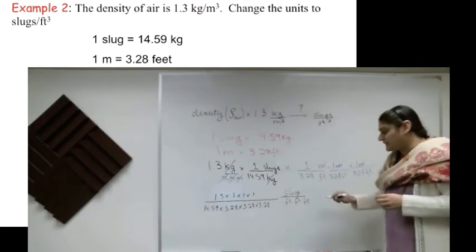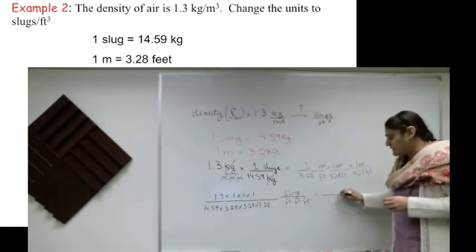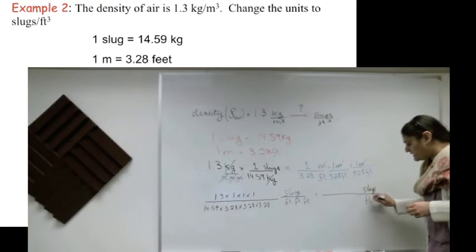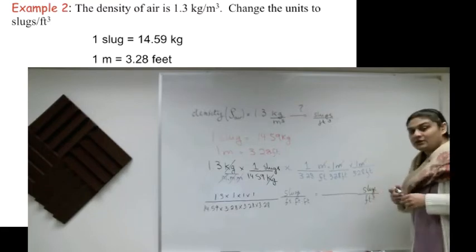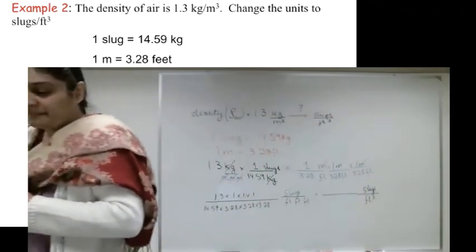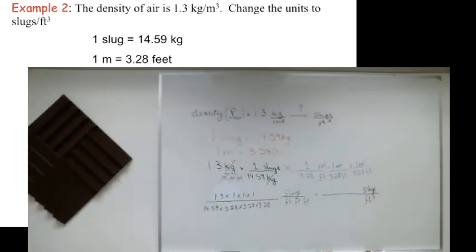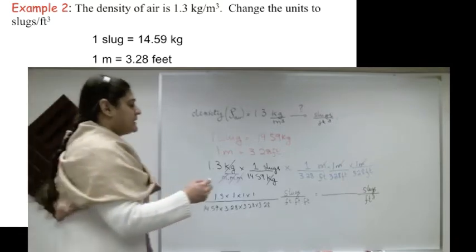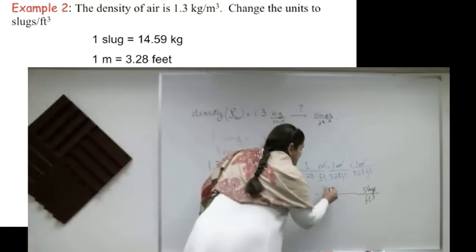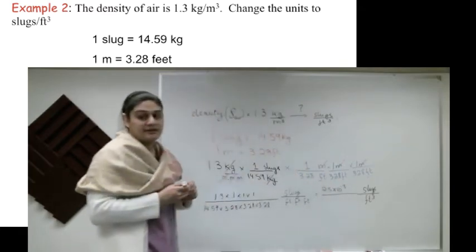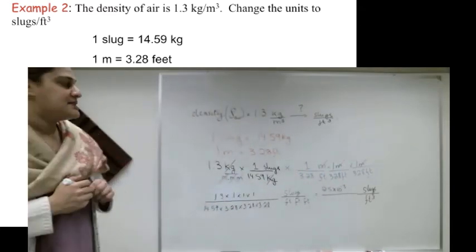A little bit of calculation should give you an answer in slugs per feet cubed. Quickly, do the math. What's the answer? My answer comes out to be 2.5 times 10 to the minus 3 slugs per feet cubed.